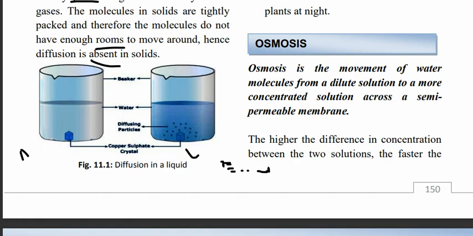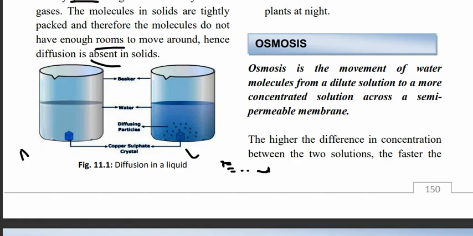Now after a couple of minutes, we will see that the copper sulfate crystals start to diffuse throughout the whole water until all of the copper sulfate has been diffused. So that is when all the molecules are evenly distributed. So this is an experiment to demonstrate diffusion.